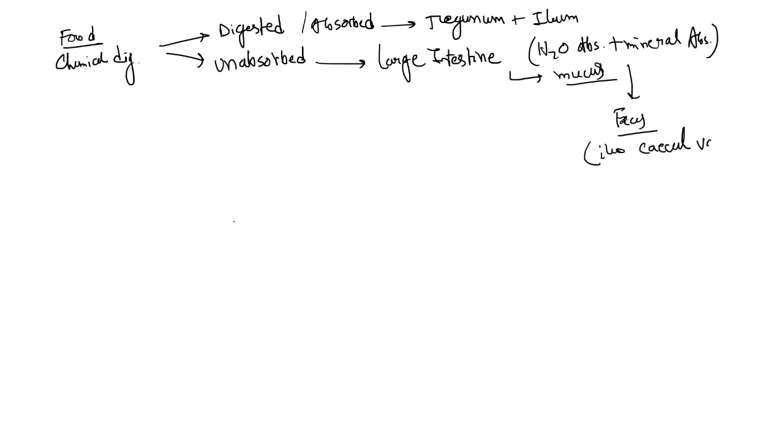A valve means single direction flow. It prevents backflow, because these are undigested, unabsorbed materials. We should not have a backflow of this into the small intestine. It will be temporarily stored in the large intestine for some time till defecation, and then defecation will follow.